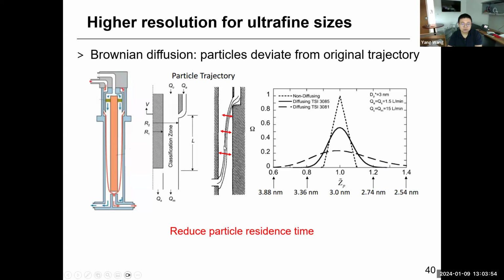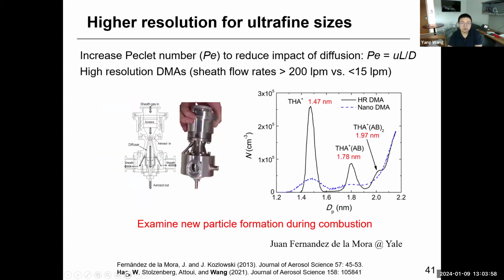And one way to reduce the Brownian motion is to just shorten the particle residence time. So if you consider the non-dimensional number that is involved in this process, that's going to be the Peclet number, where you need to increase the velocity of the particles, right? So in this way, you can suppress the diffusion of the particles.